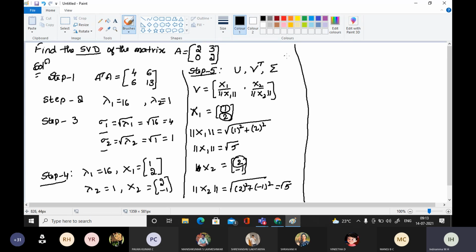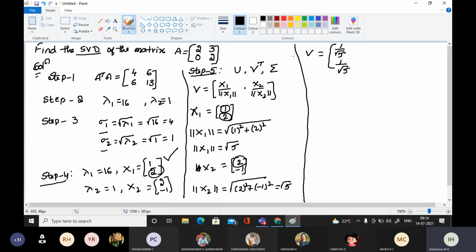The normalized vector v is found by the formula I have written here. So x1 is 1 and 2: 1 by its norm, root 5, and 2 by its norm, root 5.